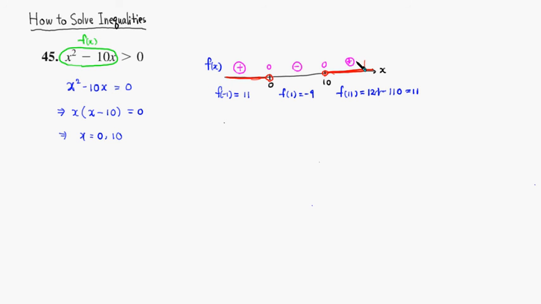So the solution set is going to be, for this one, anything starting from negative infinity all the way to 0, not including 0 because this is a strict inequality, and the union, then we have 10 to positive infinity.